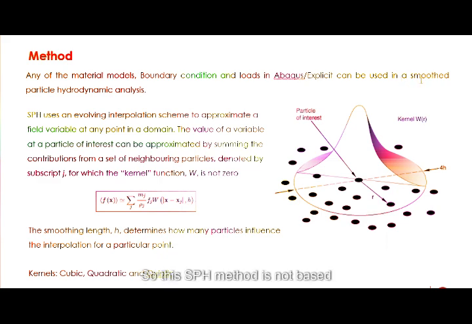This SPH method is not based on discrete particles colliding with each other, for instance in compression, or exhibiting cohesive-like behavior in tension. It's simply a clever discretization method of the continuum partial differential equations.